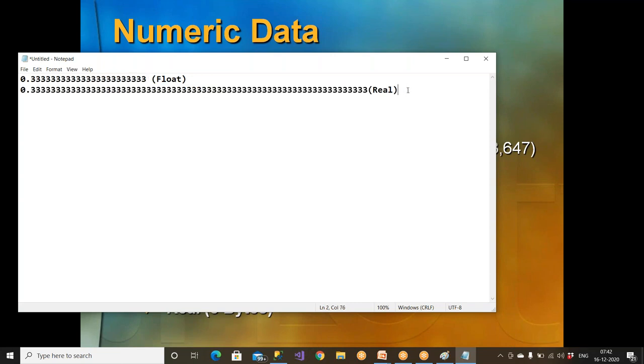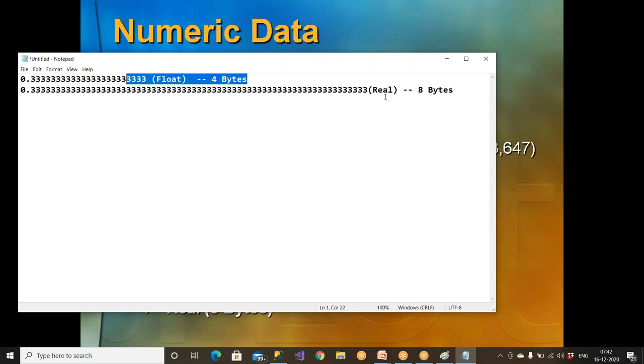So this is more accurate than this. Here it is only 4 bytes, so it can have 8 bytes, and it can store some more digits. So people would ask you what is the difference between real and float. Both of them are going to store recurring numbers, but one has more space and is more accurate, and the other has less space and is less accurate. That's it.